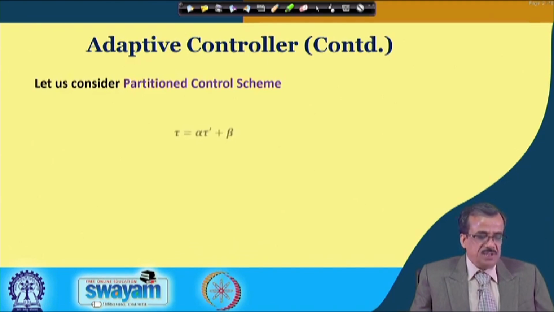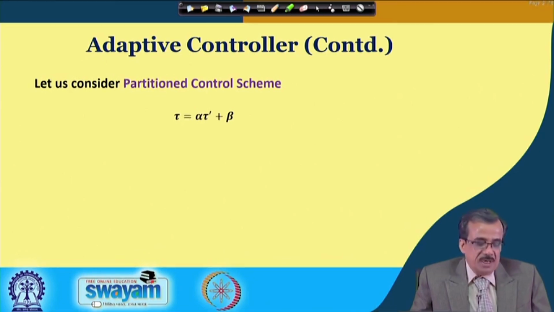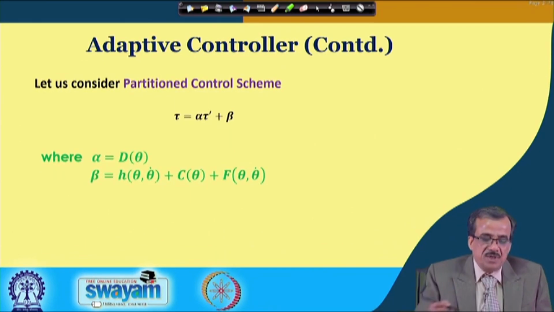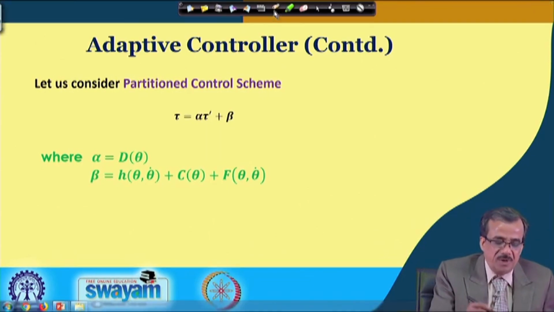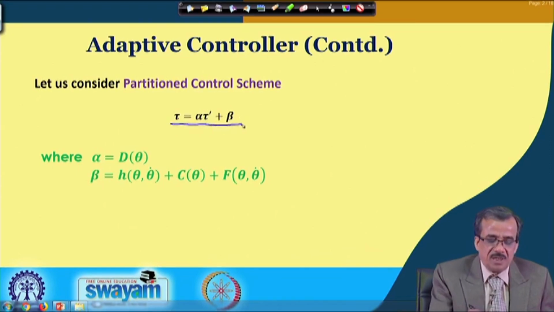Now generally we use different types of control scheme, but out of all of them, the most popular one is the partitioned control scheme. In the partitioned control scheme, we use this formula: tau, the torque to be generated by the motor mounted at the robotic joint, is alpha tau prime plus beta.